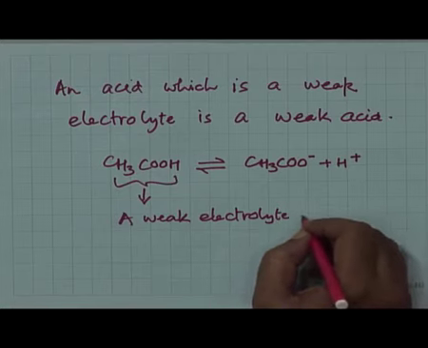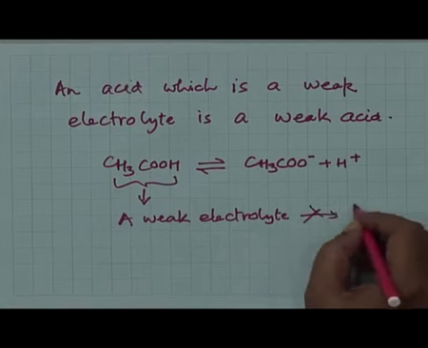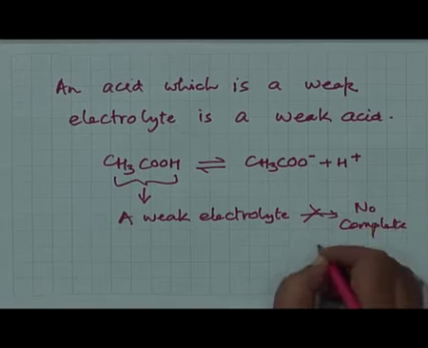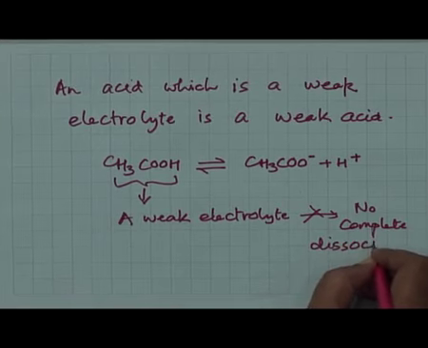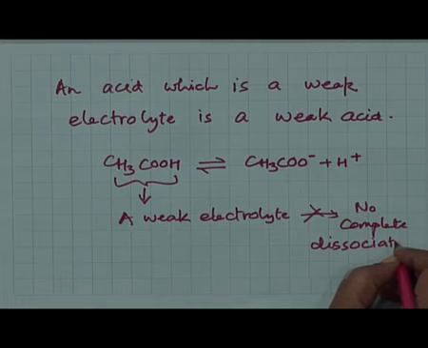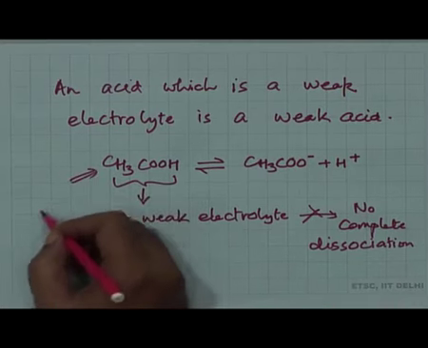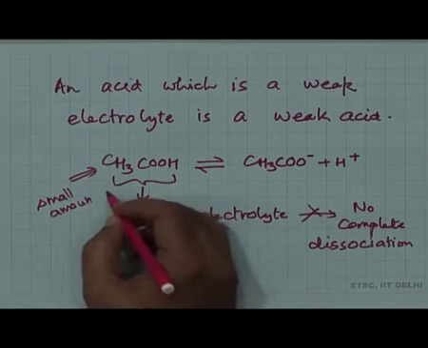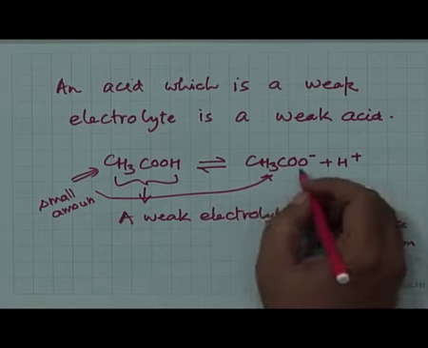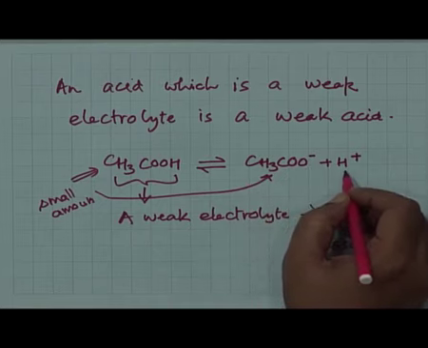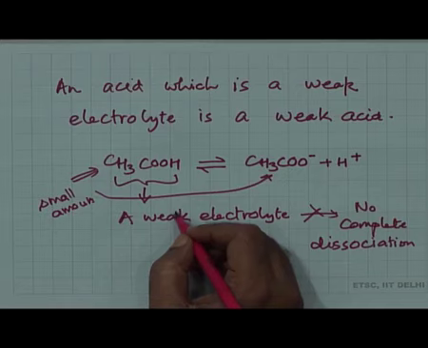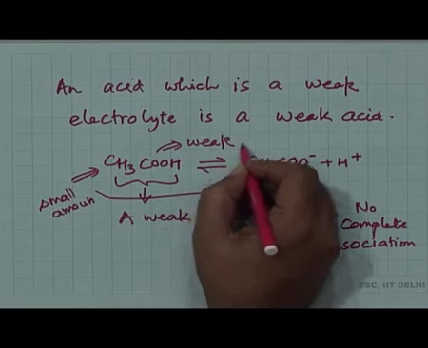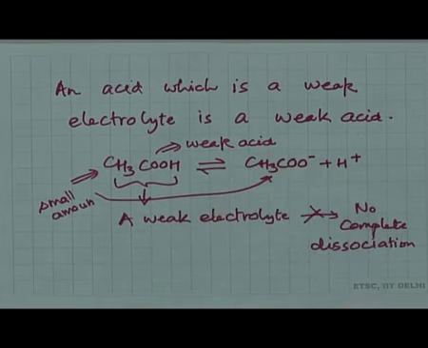It does not dissociate completely. Only a small amount of acetic acid is dissociated into acetate ion and H plus ion, and that is why acetic acid is a weak acid.